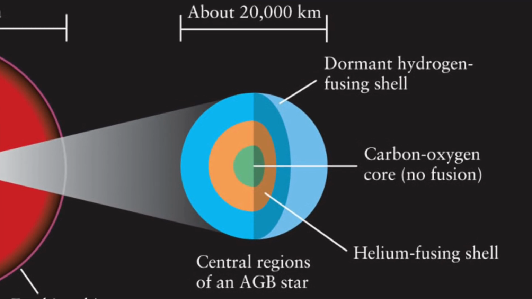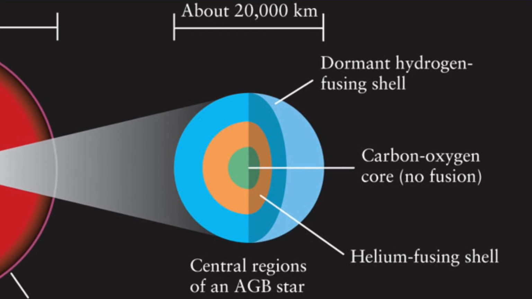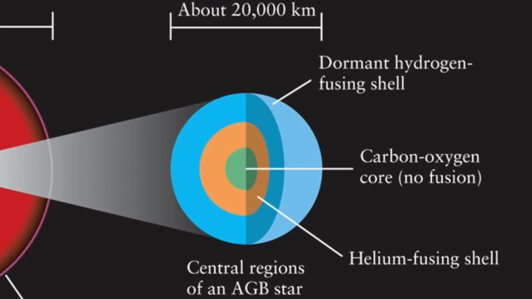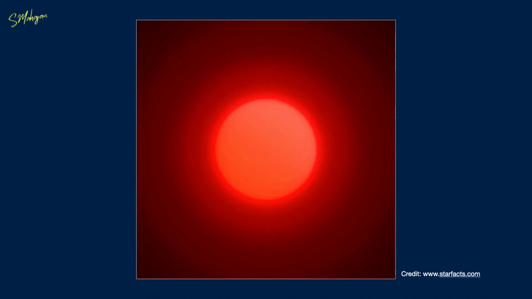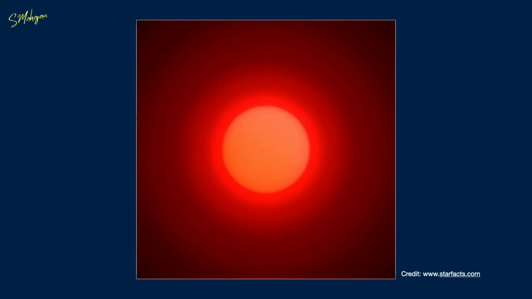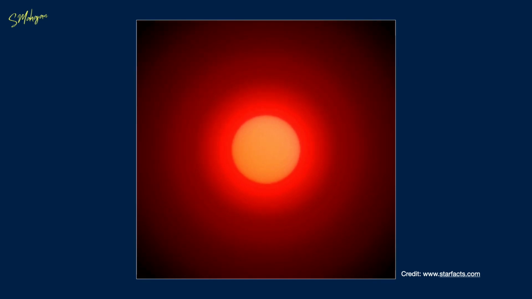Increased radiation pressure now causes the hydrogen shell to expand and cool, shutting down hydrogen shell burning. The interval between successive thermal pulses decreases as an AGB star ages. For solar mass stars, such pulses dramatically increase the luminosity of the star for several decades.